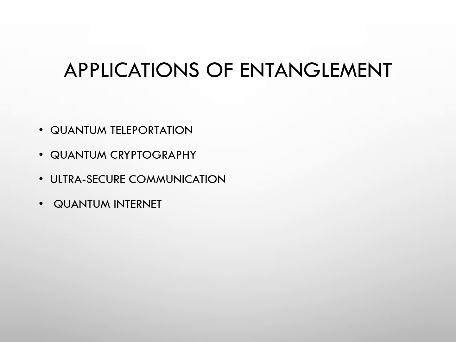So if any attack happens over the network or during the data transfer, it can be easily measured with the help of entanglement. Then the cryptography concepts come into the picture, and once security is provided while the data is being transferred, the communication happens very effectively over the internet.